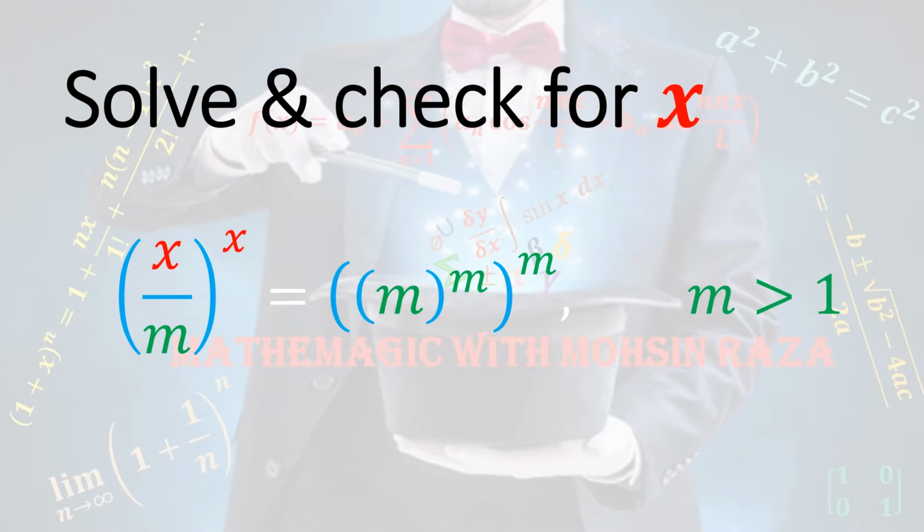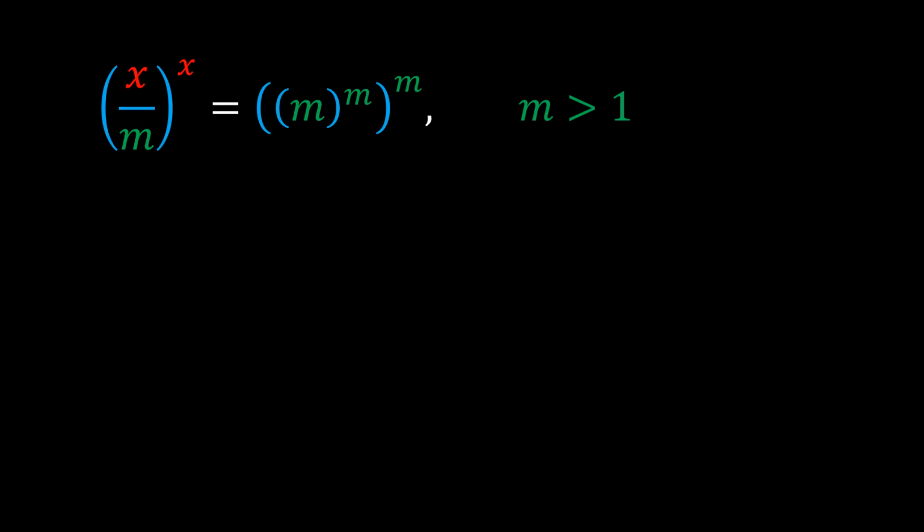And here we have the equation. That equation is (x over m) raised to power x equals (m raised to power m) whole raised to power m, for m greater than 1. So as we know the rule of the exponential, that (a raised to power m) whole raised to power n is equal to a raised to power mn, that we multiply these numbers.